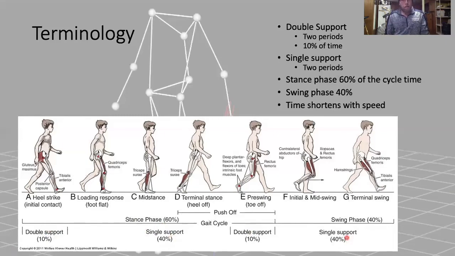A lot of muscular activity has to happen to keep us balanced, to keep our equilibrium in check so that we don't fall over. Obviously, these percentages are for just normal walking. They're going to shorten if you start walking faster. The percentages get bigger or smaller depending on how quickly you're walking.